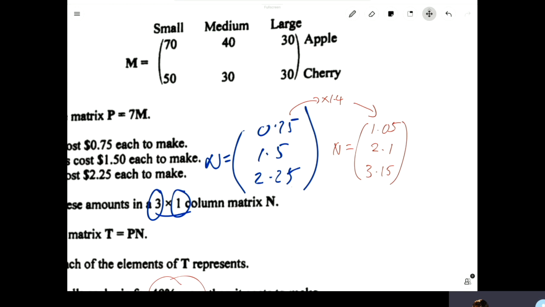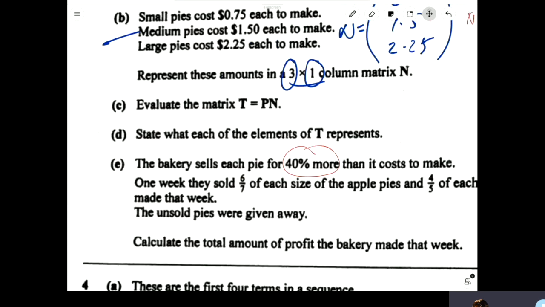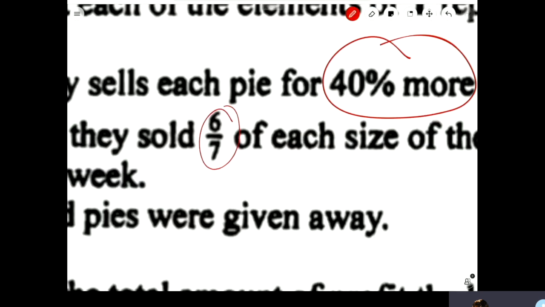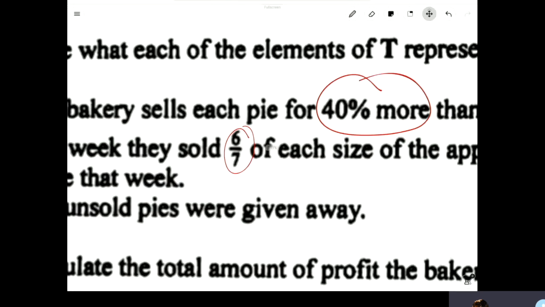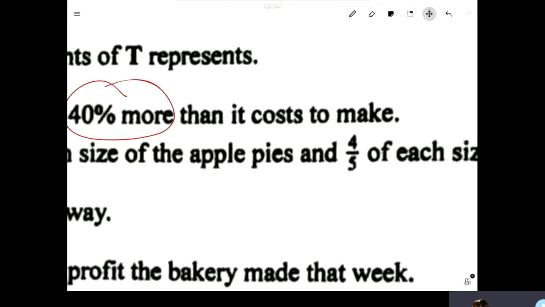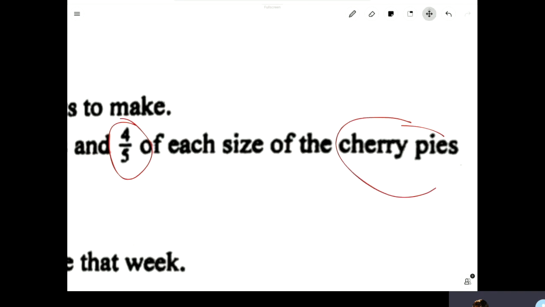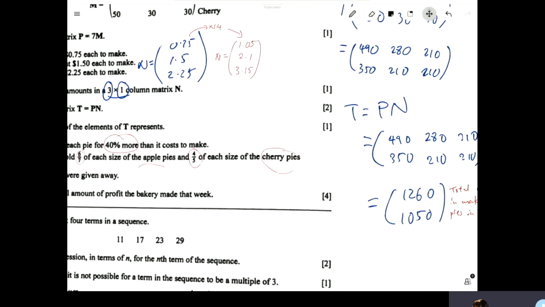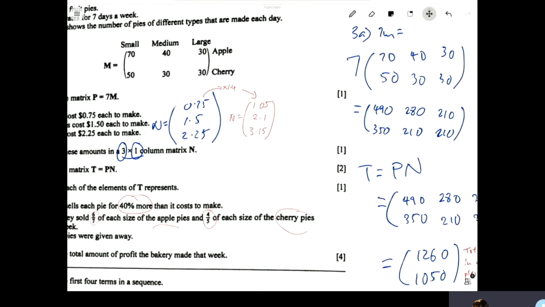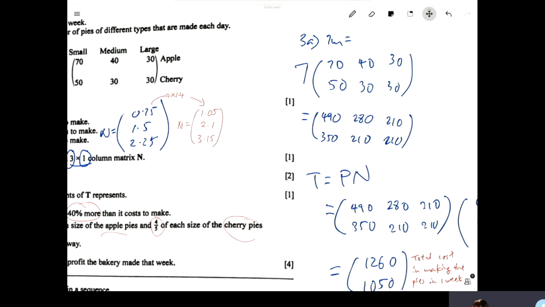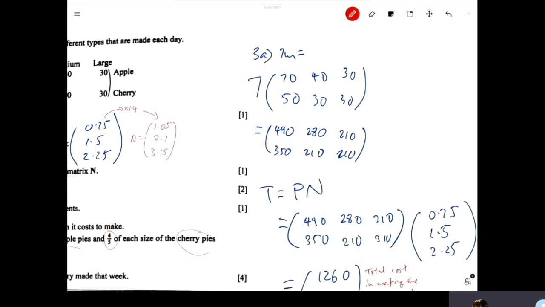Now the number of each sold was also different. You see, they sold 6/7 of each size of apple, and then 4/5 of each size of cherries. That means the number is changed. Where is the number? So the number is here. This is the number of each of the pies sold.